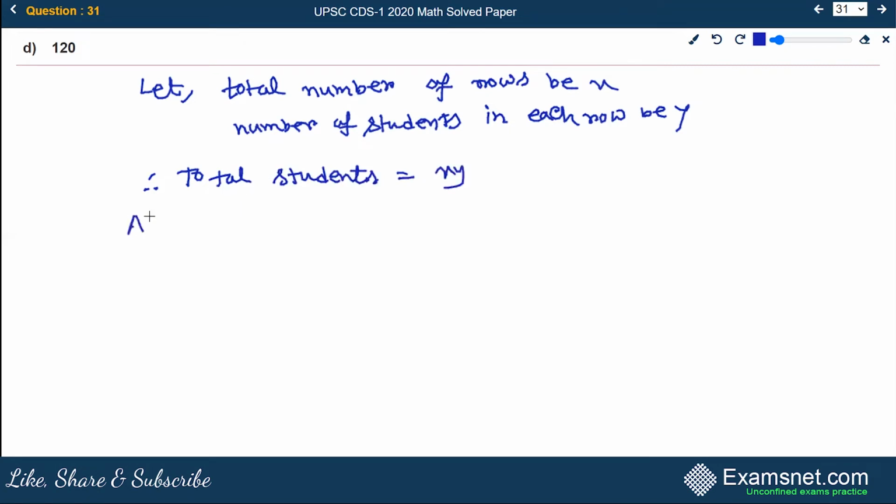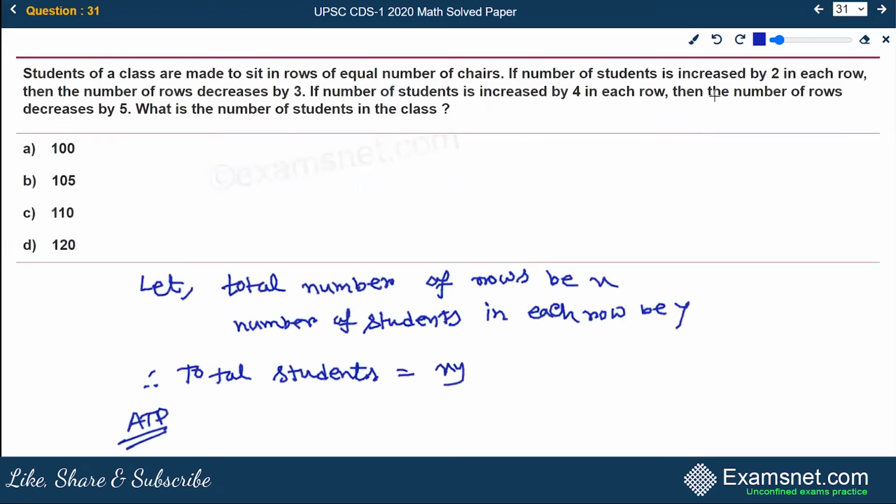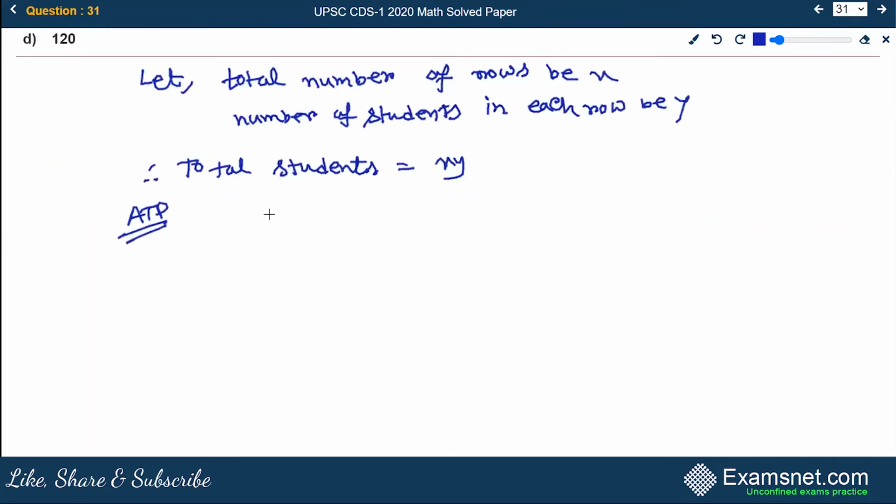Next, according to the problem, when the number of students is increased by 2 in each row, y becomes y plus 2, and the number of rows decreases by 3, so x becomes x minus 3. Then the total number of students (x minus 3)(y plus 2) is equal to xy.